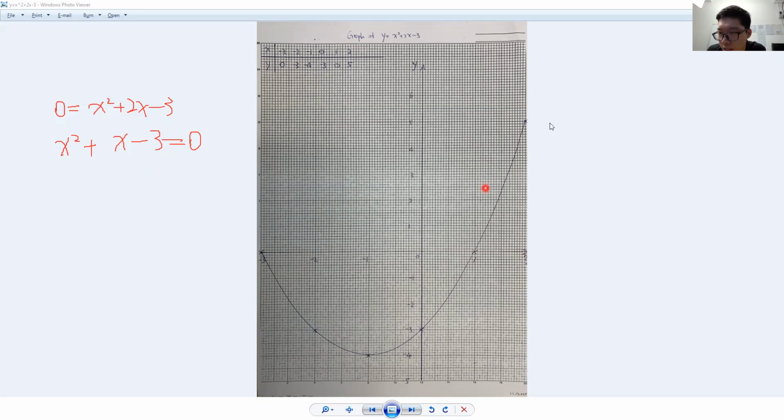Can I solve it using this graph we have already drawn, which is x squared plus 2x minus 3? Yes, you can. Just remember, the method is finding a straight line that has intersection points with the curve we have already drawn. Then we can solve for the 2 solutions.